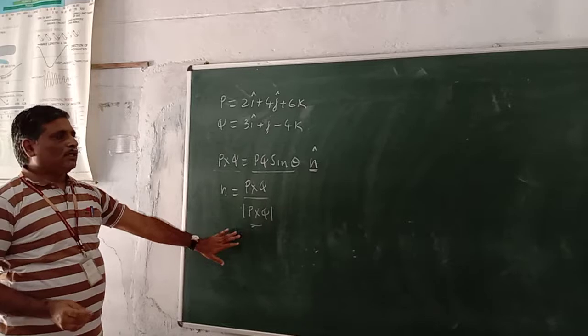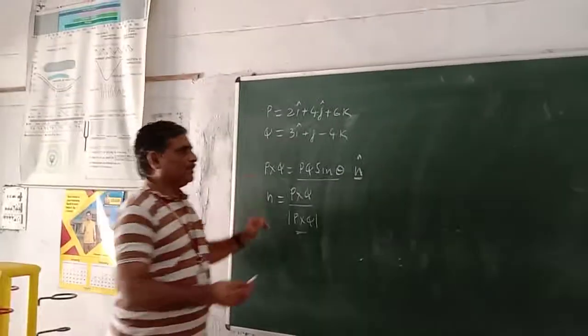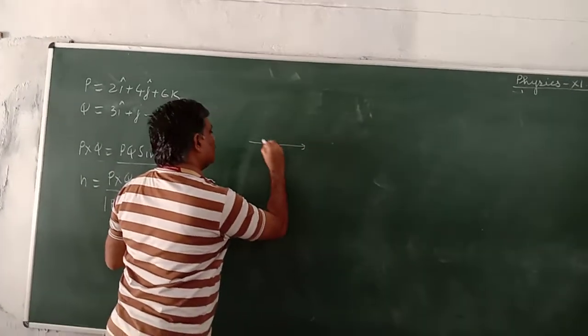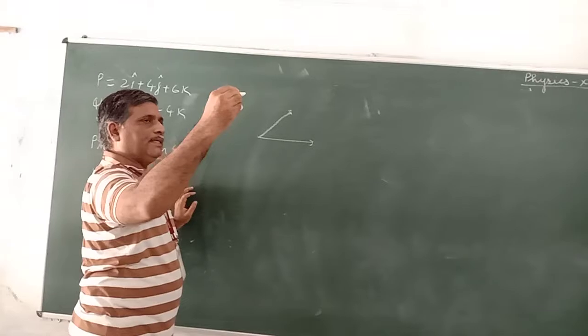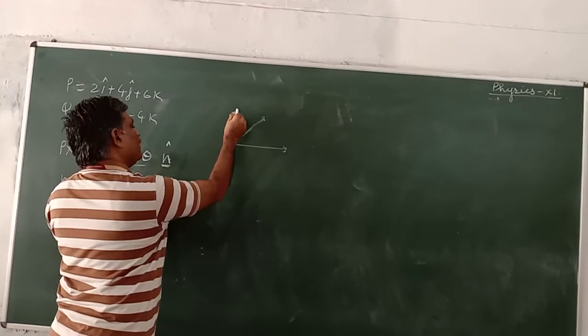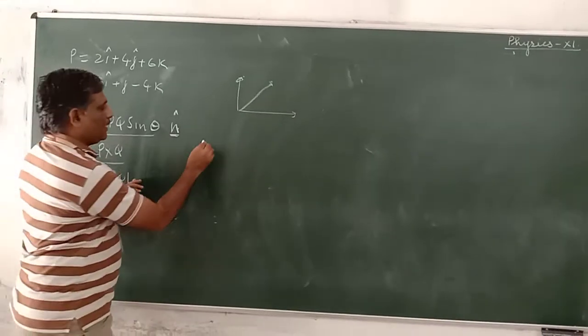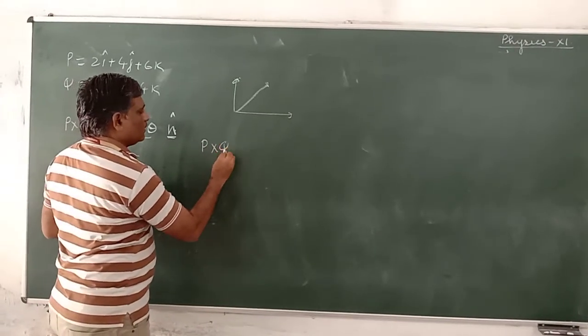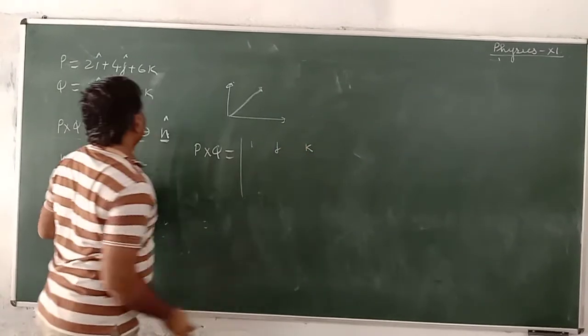It becomes unit vector perpendicular to both the vectors. This is vector P, this is vector Q, and then unit vector perpendicular to them is in this direction. Here we show it. So first we need to find out P cross Q. Let us see. P cross Q is equal to i, j, k.